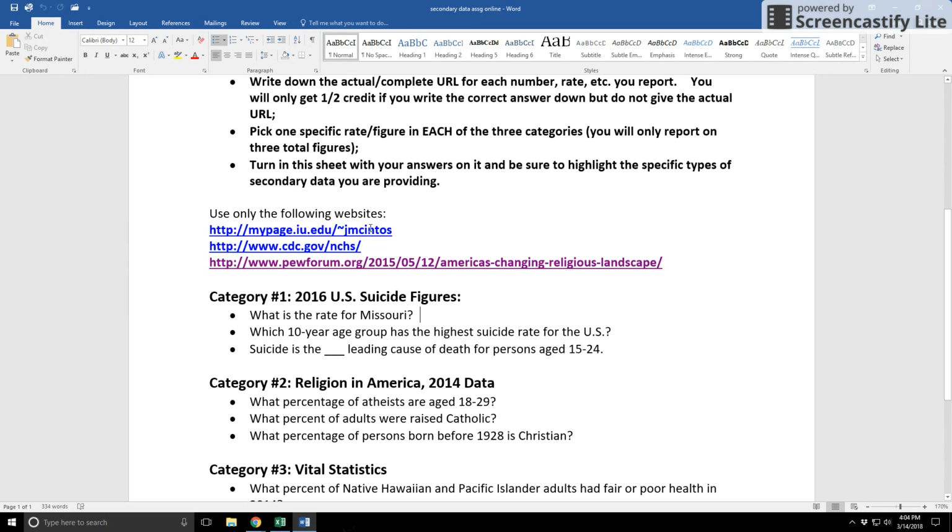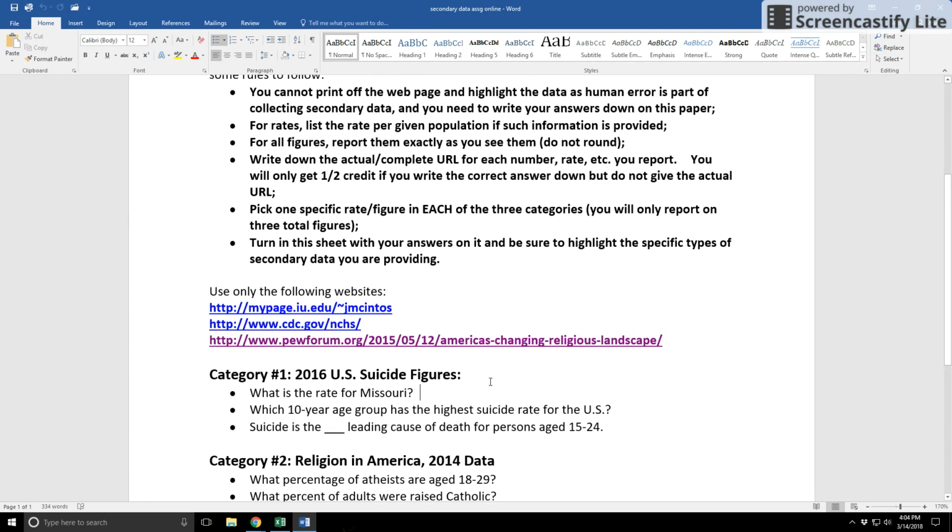Again, this website here, these web pages in here deal with one of these 3 categories. This one deals with another one, and this one deals with another one. But if you go to a different web page than I did to find the answer, I need to know it, because if a different web page has one thing than the web page I found, you certainly need to get credit. So please realize that I want your answer and that URL.